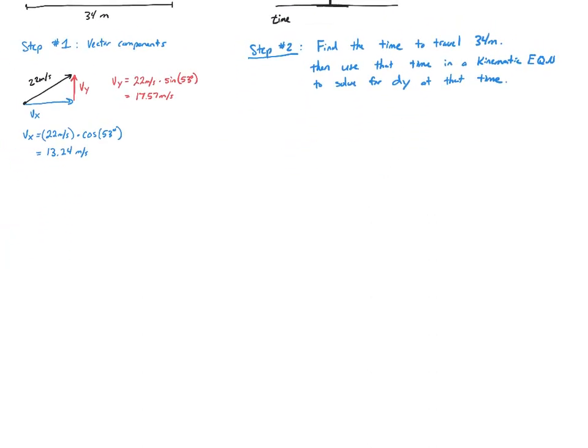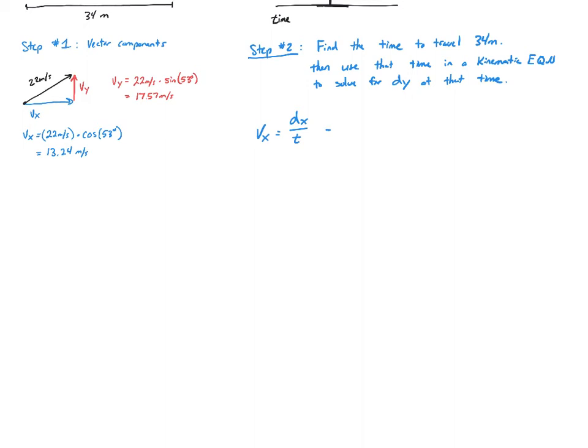All right, so first thing we're going to take a look at here is we're going to use our components, and we're going to come back to solving for the time it takes to travel those 34 meters.